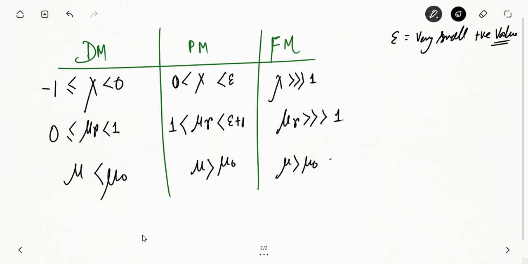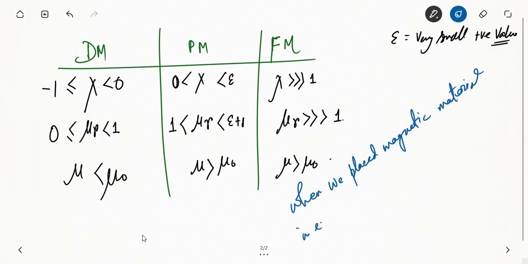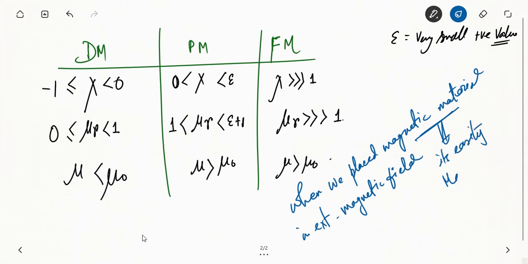So remember that magnetic material in an external magnetic field is easily magnetized.